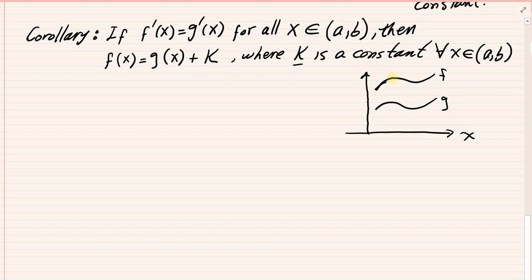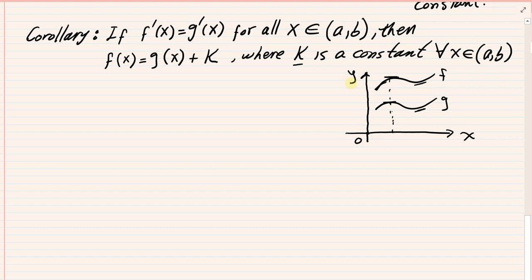So let's say here the slope of a tangent is 0, so is here, at that same exact precise point on the x-axis. And let's say here the slope of a line is positive, and so is here, exactly at the same point, and exact same slope. So suppose this is true now for f and g over the entire domain of the functions, which is whatever that is, not important here what the domains are.